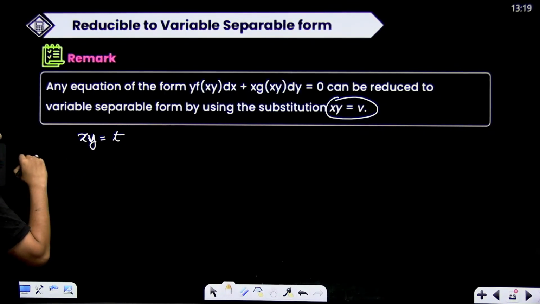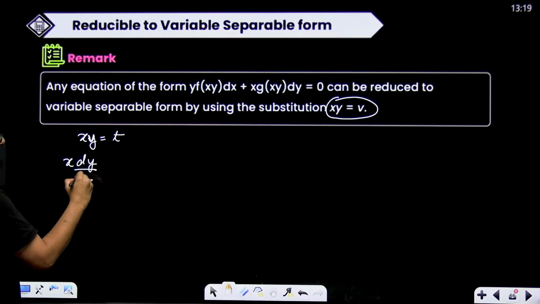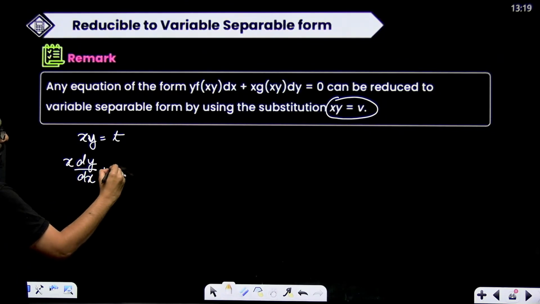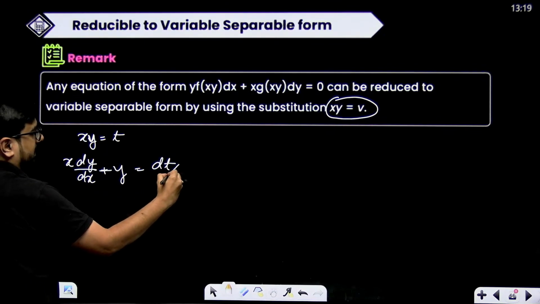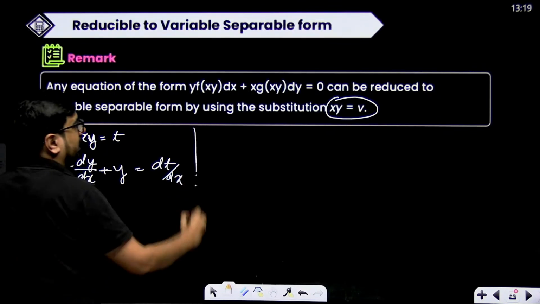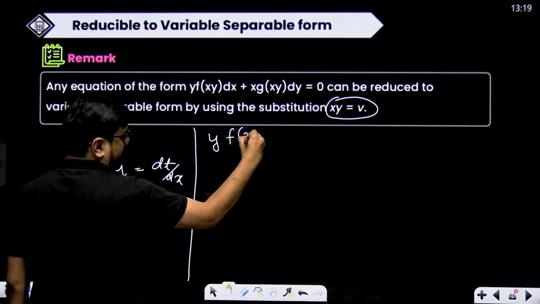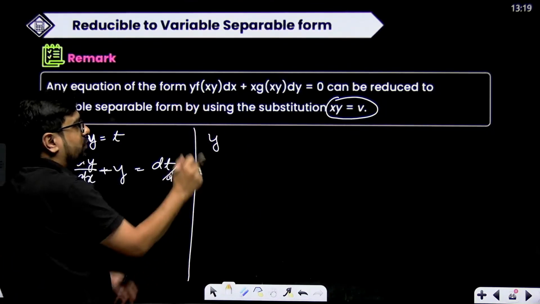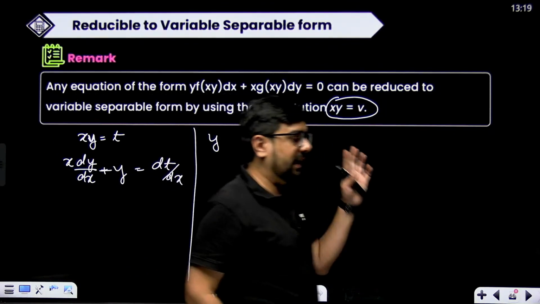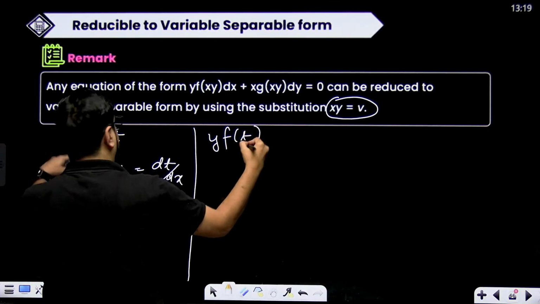So if we put it like this, then we'll get x dy by dx plus y, differentiating both sides. This is dt, this will become dt by dx. Now look, instead of f of xy, we can write f of t, because we have taken xy as t.